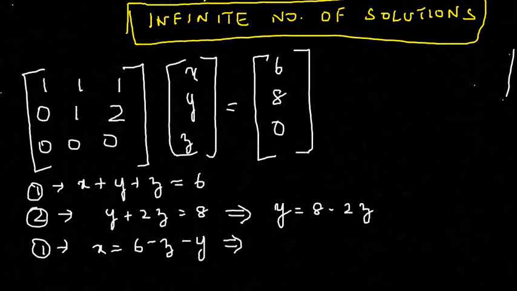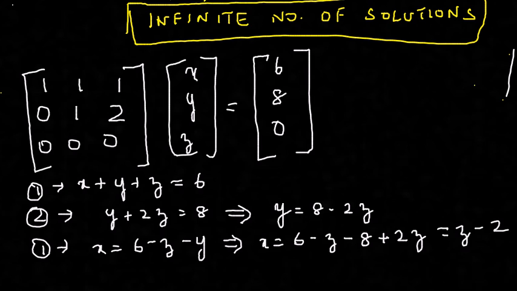But I know that y is equal to 8 minus 2z, so x is equal to 6 minus z minus 8 plus 2z, and this is nothing but z minus 2. So I get y is equal to 8 minus 2z and x is equal to z minus 2.